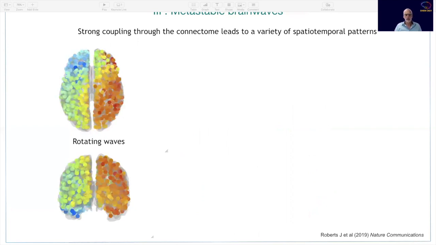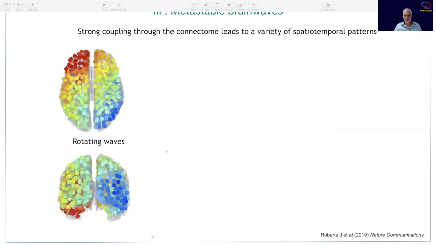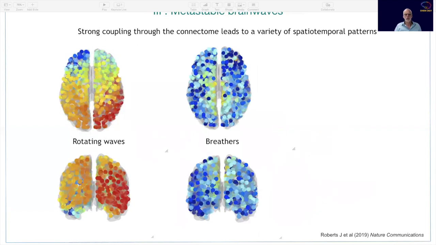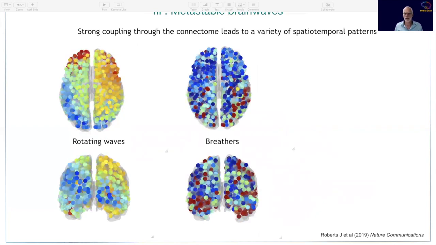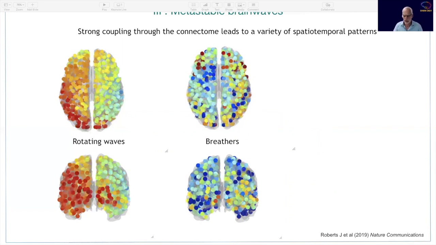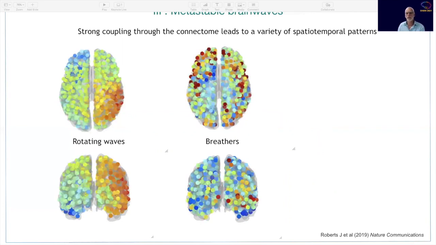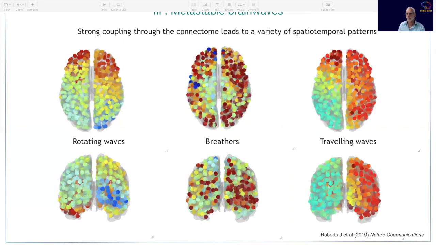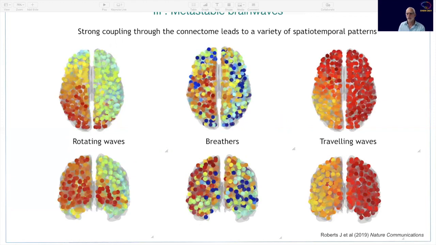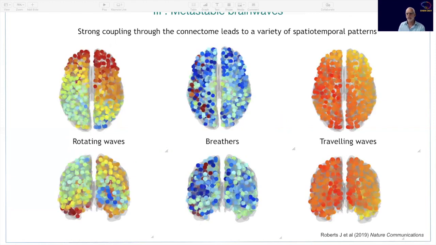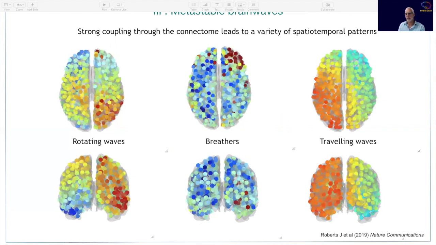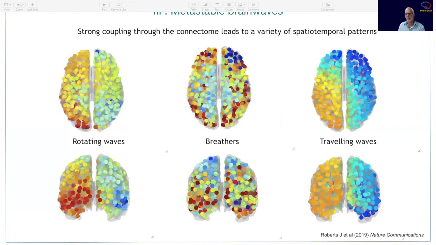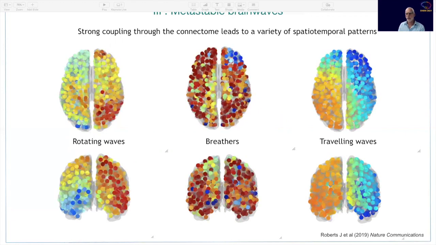Here we've got an example of large-scale rotating waves that emerge. Here, a few minutes later, the same system shows something we've called breathers. And this system can also show traveling waves. So these are collective behaviors that we observed from these population models.